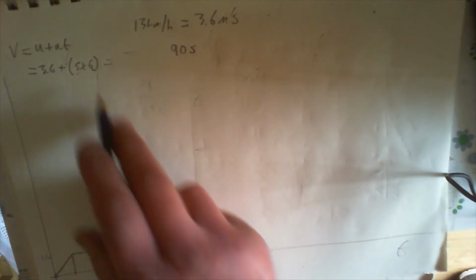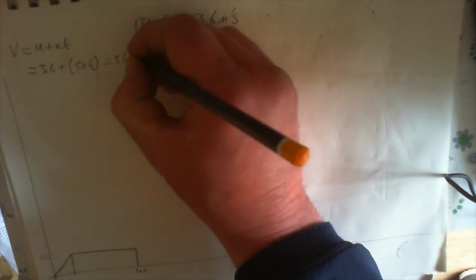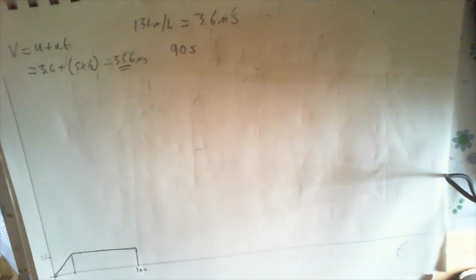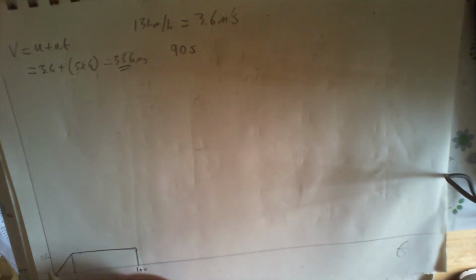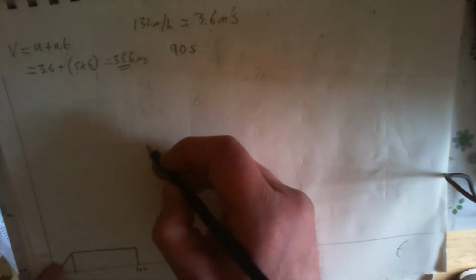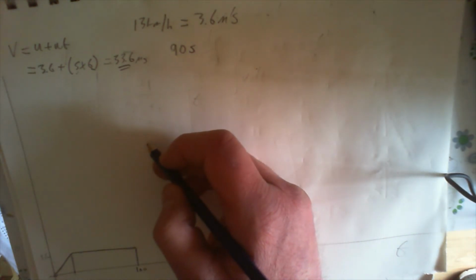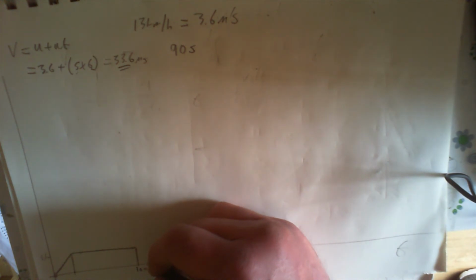So that's equal to 33.6 meters per second. So this is going to go from here, 3.6, up here somewhere, and it's 5 seconds, so it's only a wee bit like that.